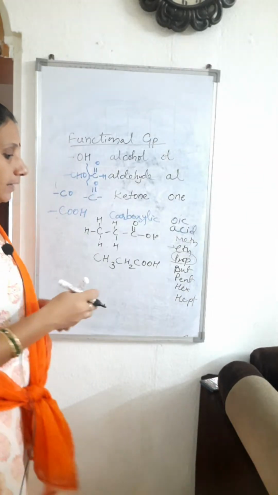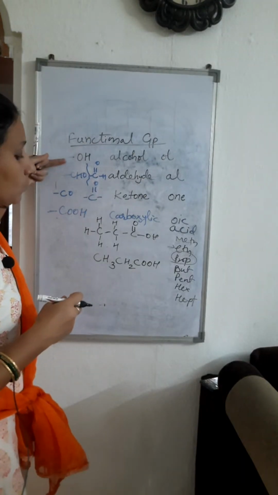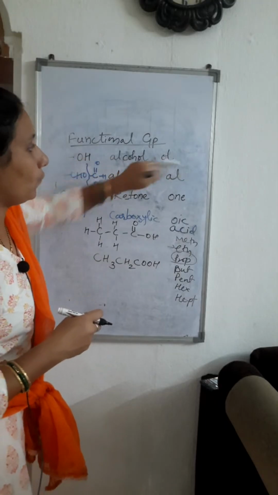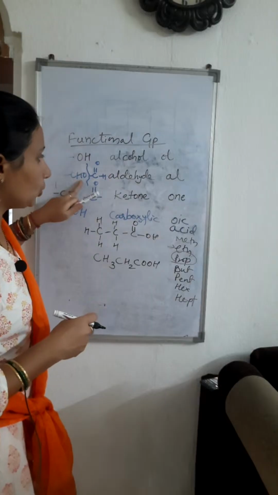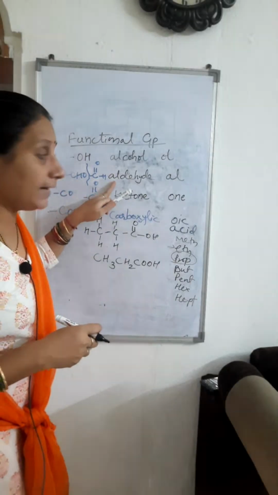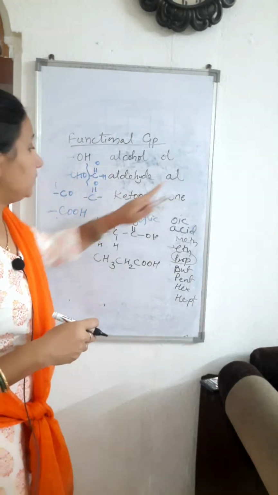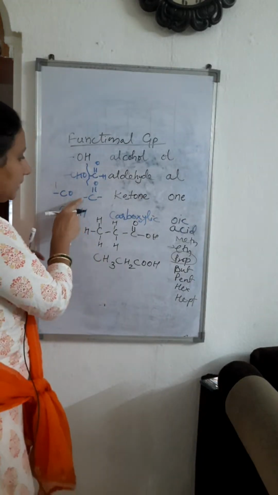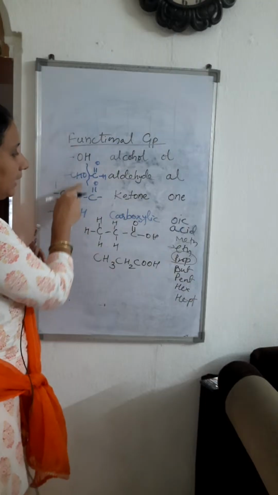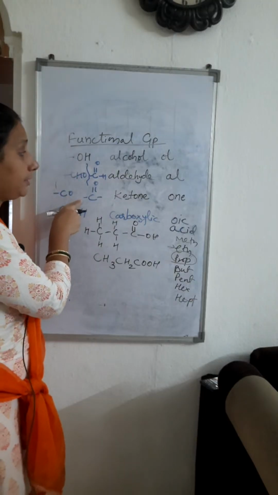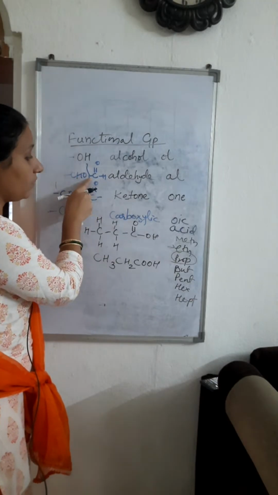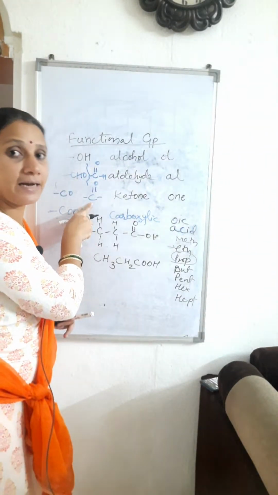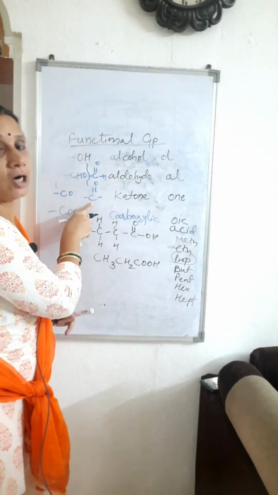Once again, I am making you recall: if there is OH, we call it alcohol and we put ol for that. If there is a CHO group, we call it aldehyde and al for that. If there is CO, C double bond O, here the condition, like I told, for aldehyde and ketone to get differentiated: aldehyde is always present at the last carbon, whereas in ketone it is at the second carbon or any other carbon, not the last.